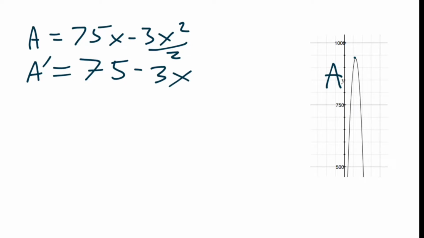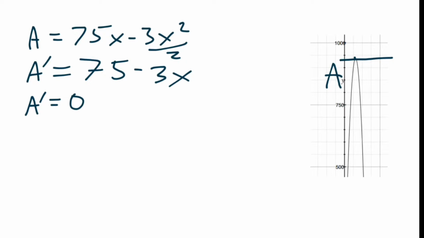Now from here, we're going to set A prime equal to 0 and solve. Why do we set A prime equal to 0? A prime is the slope of the original A function. At the maximum, you have a slope of 0. So that's the logic behind it.